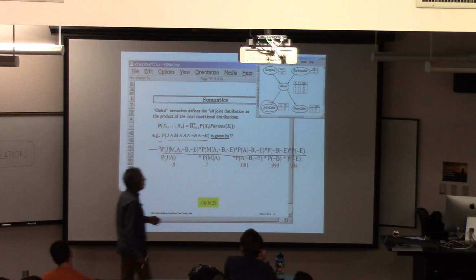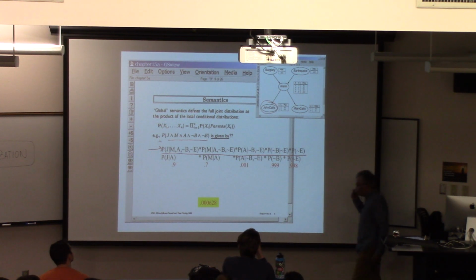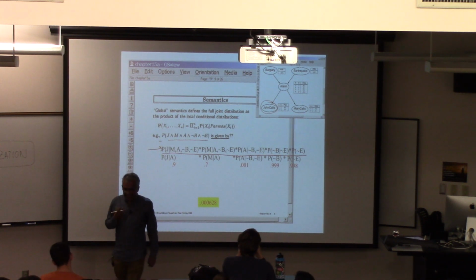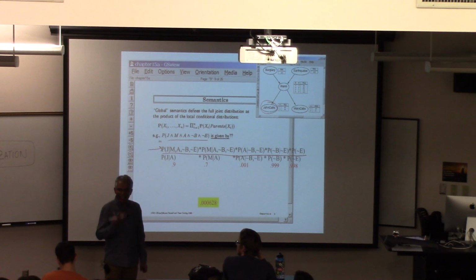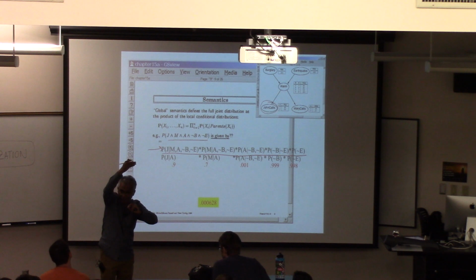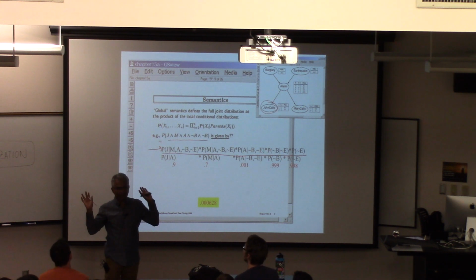Well, it turns out that, given that you understand that the Bayes networks essentially capture conditional independences of the form, a node given its parents and its ancestors is the same as that node given its parents.